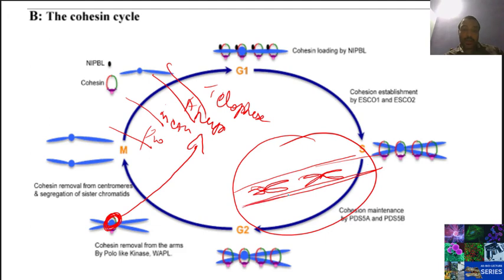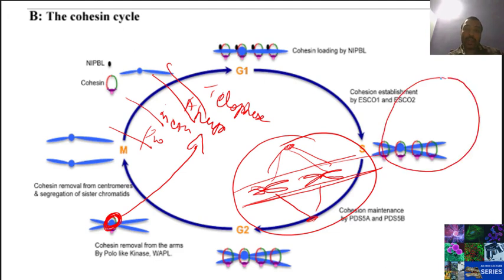Okay, and spindle fibers are coming from here, and during anaphase what will happen, the sister chromatids will be separated by the action of spindle fibers, isn't it?